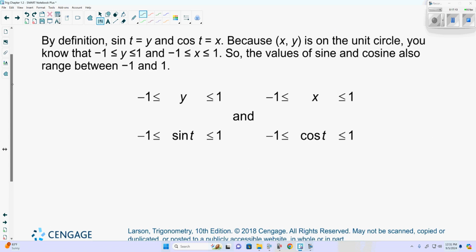So by definition, for sine of t and cosine of t, because x comma y is on the unit circle, y is going to be between negative 1 and 1, and x is going to be between negative 1 and 1. The output of sine and cosine has to be between negative 1 and 1. If we ever get a sine or cosine value bigger than 1 or less than negative 1, it's not going to work.